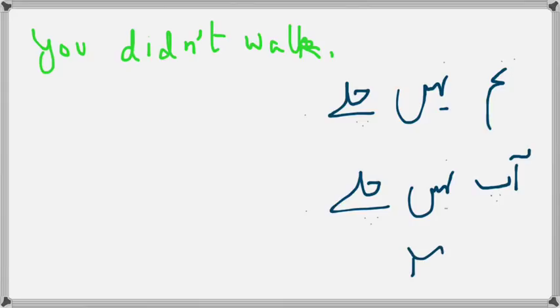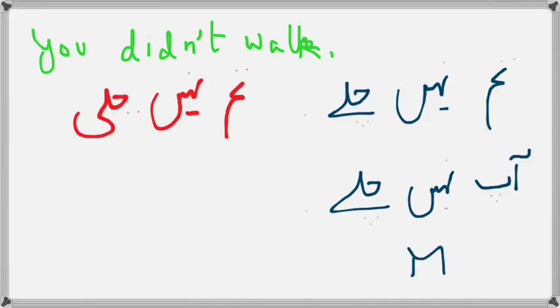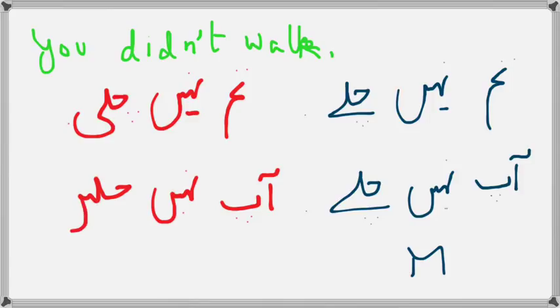This is the male version, and the female version is तुम नहीं चली to a younger person, and out of respect आप नहीं चली. So it is pronounced as chali, noon na.